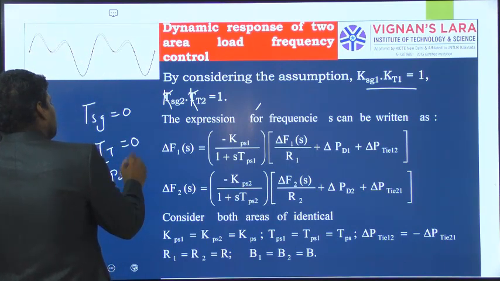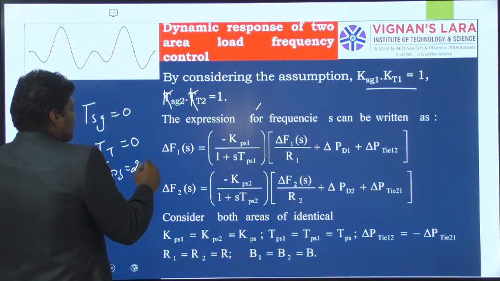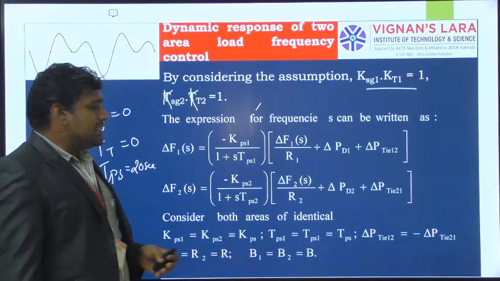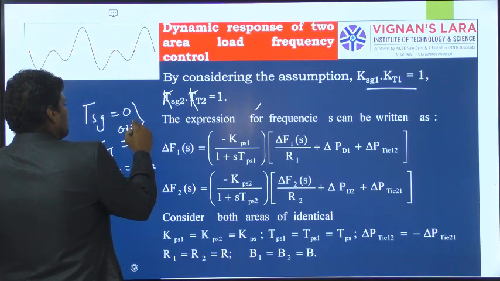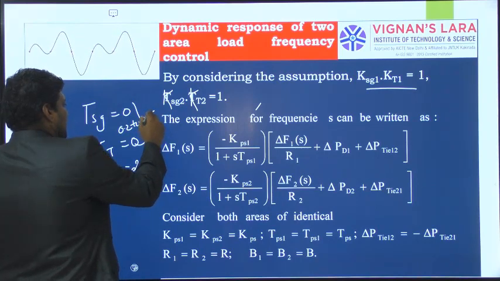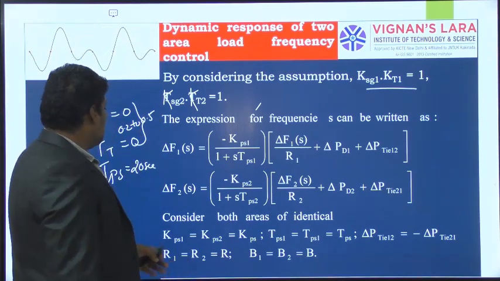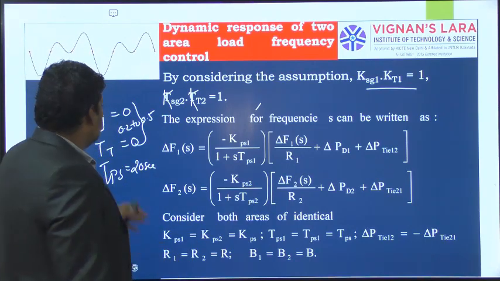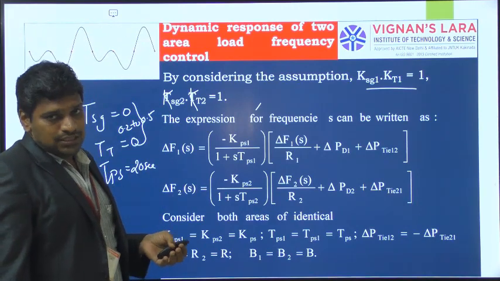The time constant of the power system is in the range of 20 seconds, while these two are in the range of 0.2 to 0.5 seconds. So for our ease of analysis we are considering Tsg and Tt as 0.